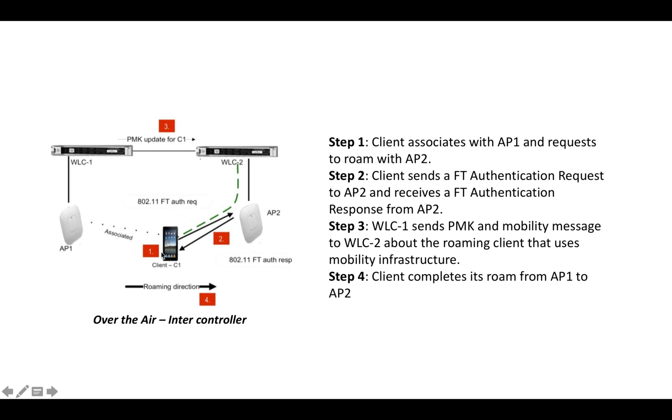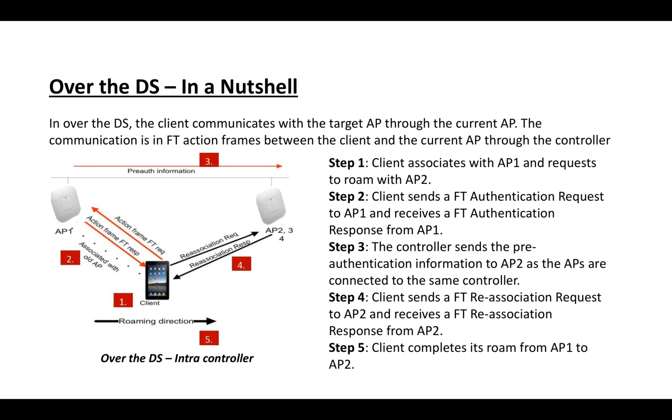Once it does that, WLC1, to which it was previously associated through AP1, sends the PMK and the mobility message update to WLC2 to notify WLC2 that this client was on it. And the client then goes ahead and performs the roaming and gets it done. Now that was over the air.